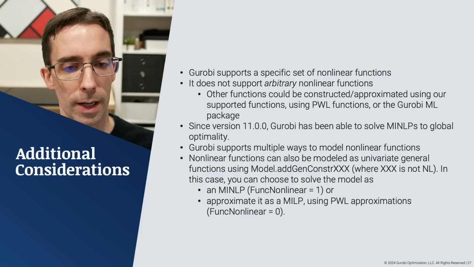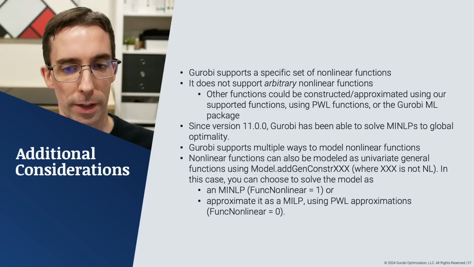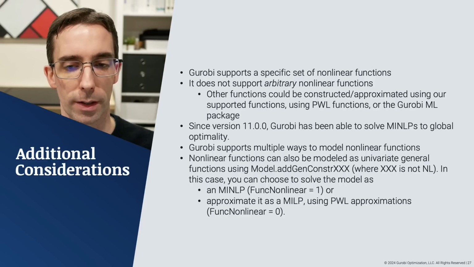One thing is that although our NL expressions allowed you the power to represent a compound nonlinear function and let Gurobi build up an expression tree representing those functions behind the scenes, Gurobi also allows you to build up your nonlinear function piece by piece using univariate general functions such as model add gen constraint xxx, where x is representing something like sine or cosine or power.